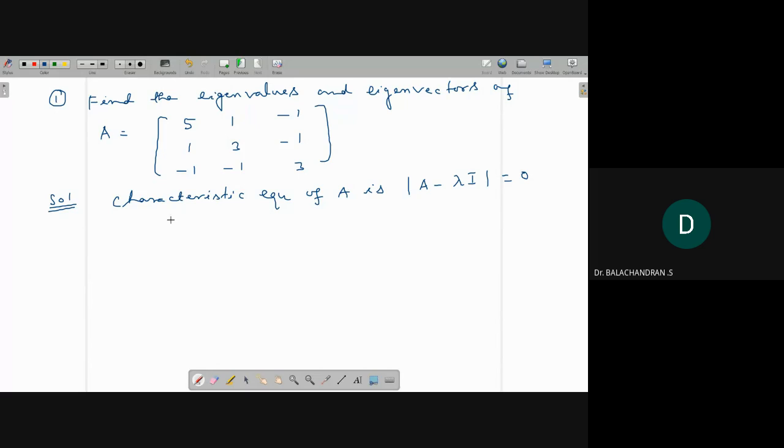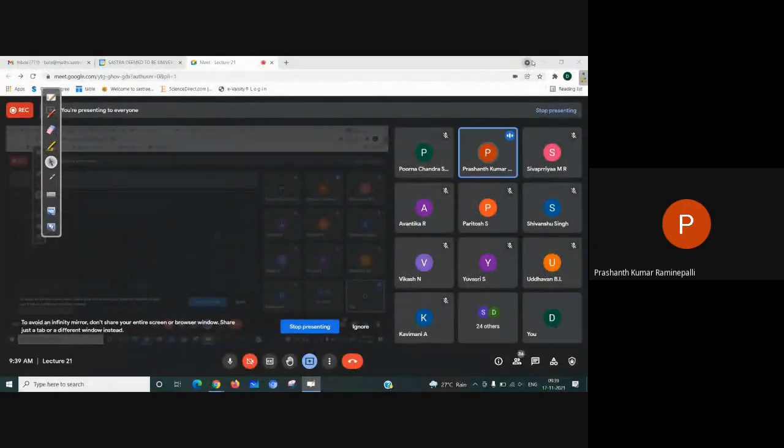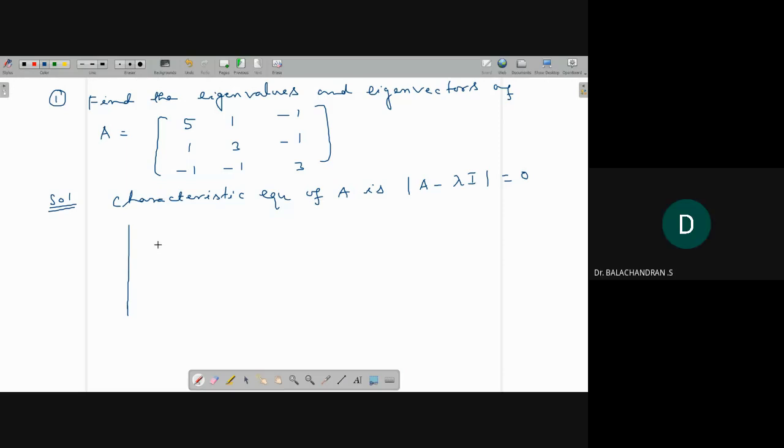So what is the determinant of A minus lambda I? Please tell. Prashant says lambda cube minus... You got the final answer? Direct, Prashant, first we will do it by the step-by-step method.